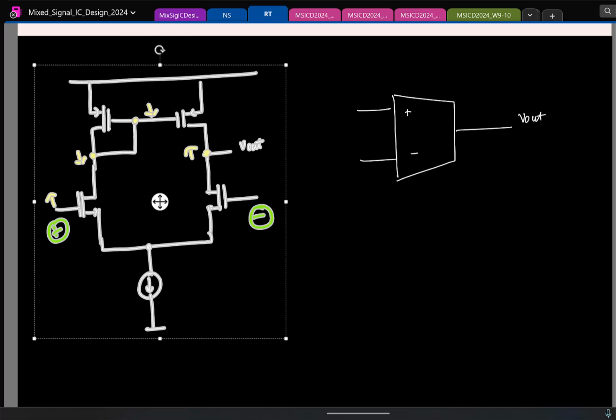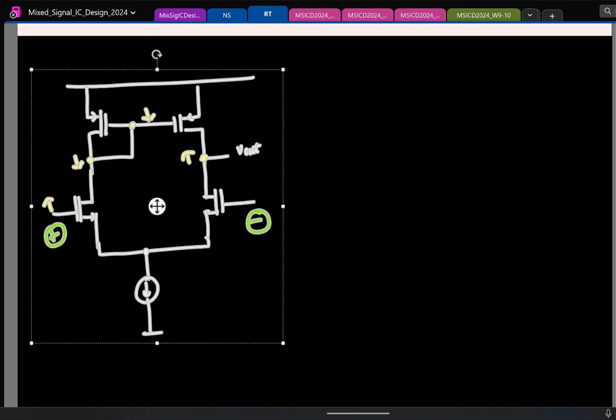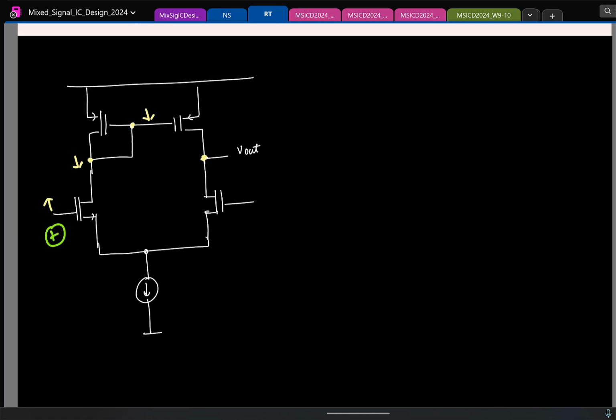Okay, so now let's continue with the common mode gain calculation. Let's say I have a common mode signal, DCM.